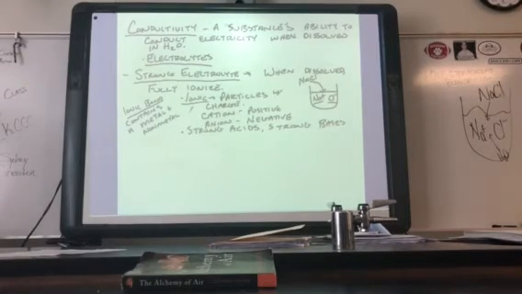So on the test or on a quiz in the future, I will make it abundantly clear that it's a metal. I'll use the common ones: iron, aluminum, those metals that you guys are very aware are metals, since we don't quite yet have a working knowledge of what the metals are on the periodic table, and you won't have one for tomorrow. So anyways, that's an ionic bond. Ionic bonds always form strong electrolytes, as do strong acids and bases.